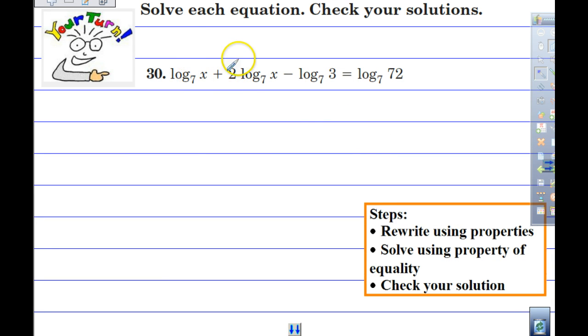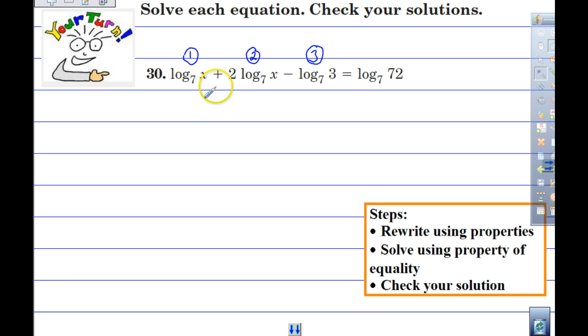Log of x plus 2 divided by 3. So here you see how many logs on the left. 1, 2, and then 3. Okay. Work from left to right.